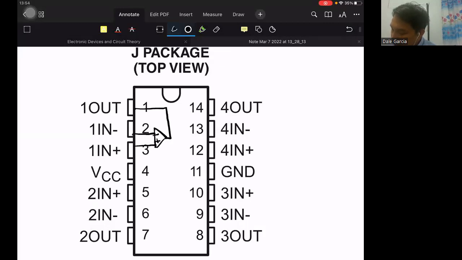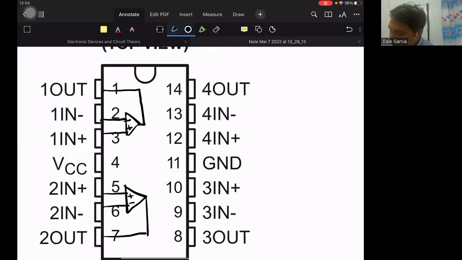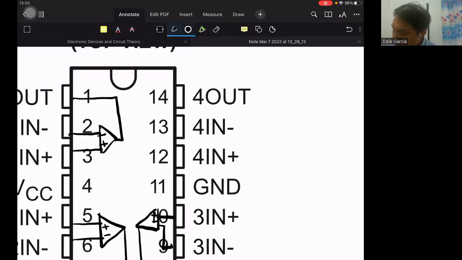Same here. In or out: the non-inverting input, the inverting input, and the output. Minus, plus. So this is the look inside.